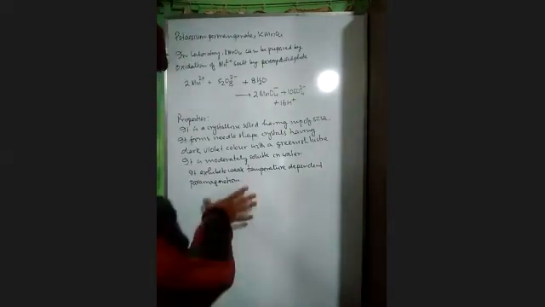But whenever you heat it, you find paramagnetism occurs. So it is a very unique thing. I'll tell you just now. Okay, finish this and after that I'll tell you.